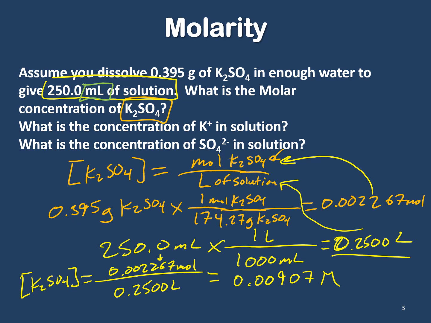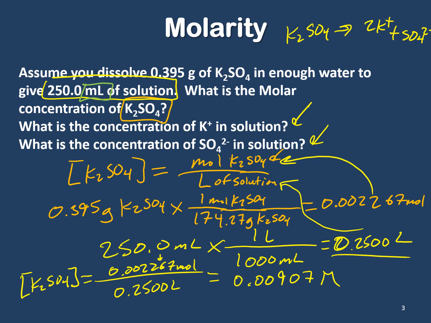Now, because K2SO4, when dissolved, breaks apart into ions, into 2 K+ and 1 SO4 2-, I can now get the concentrations of both K+ and SO4 2-, right?